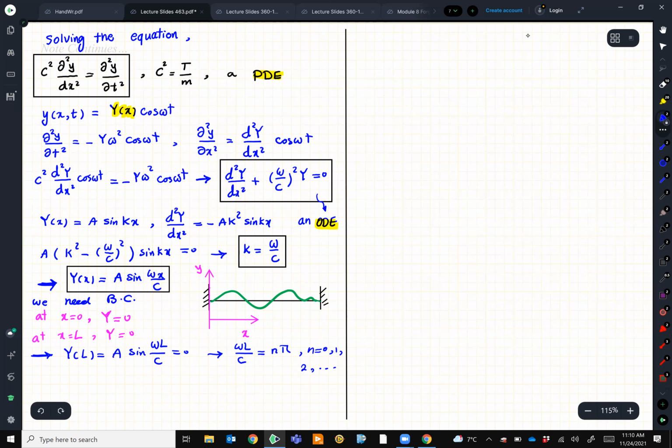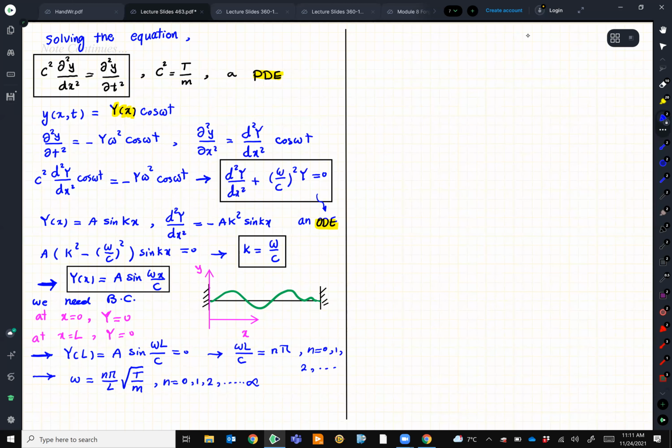So from here I can find omega. So omega will be n pi over L multiplied by c, which I already have, c, which is the square root of T over M. And this n can be equal to 0, 1, 2, and all the way to infinity.